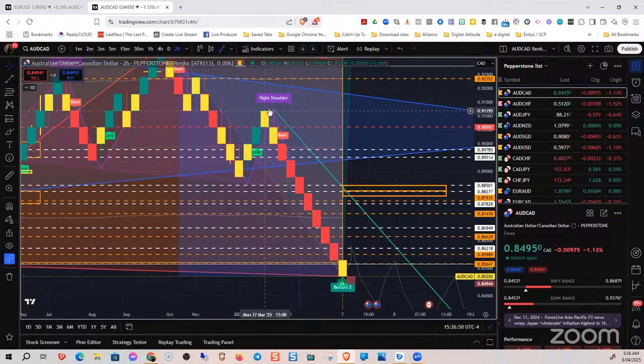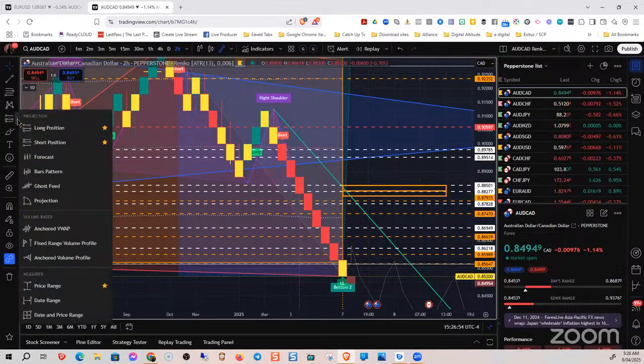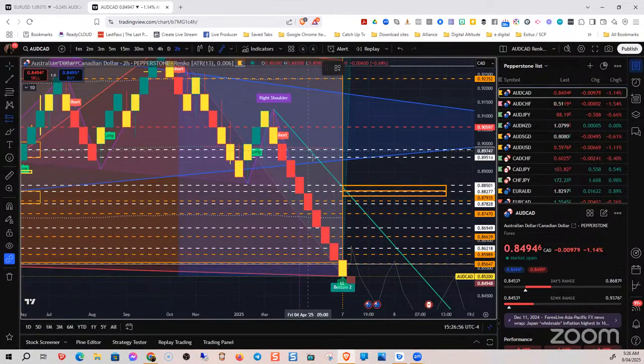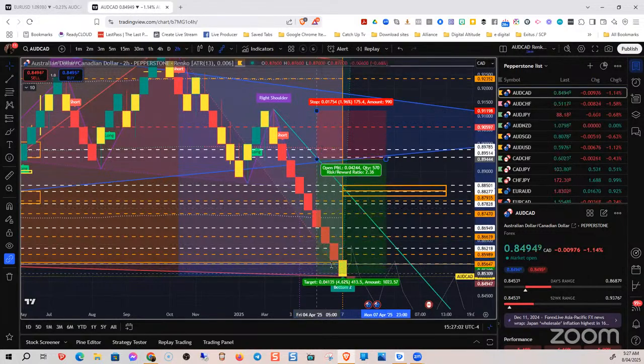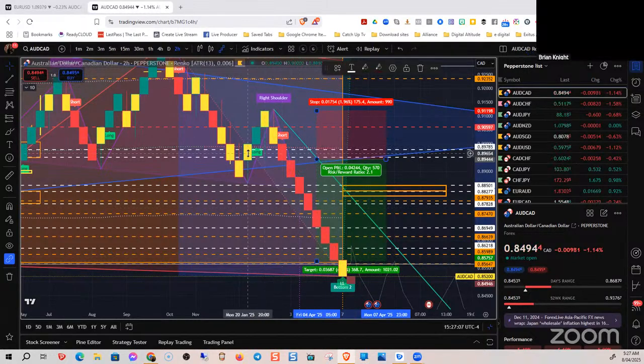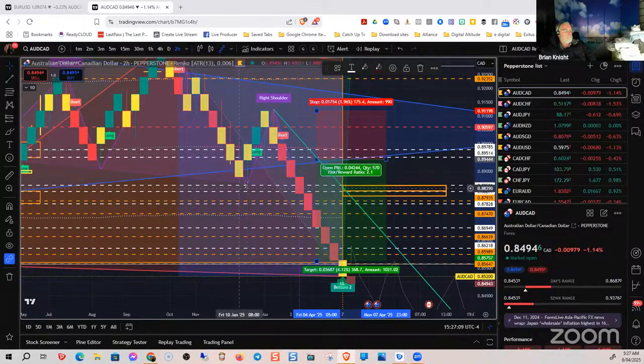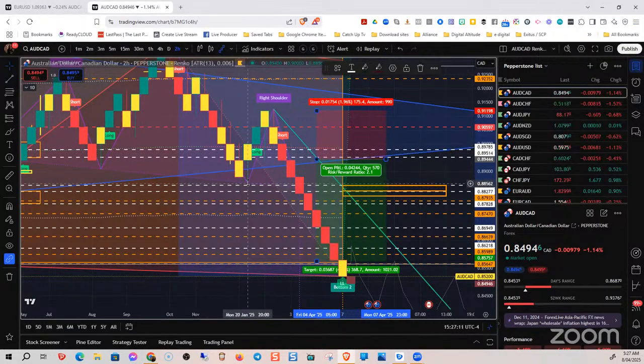By the time that yellow brick formed next to the short, that's 1.5 candles back. It's got to beat that wick to keep going down. So I put my entry at the bottom of that wick.